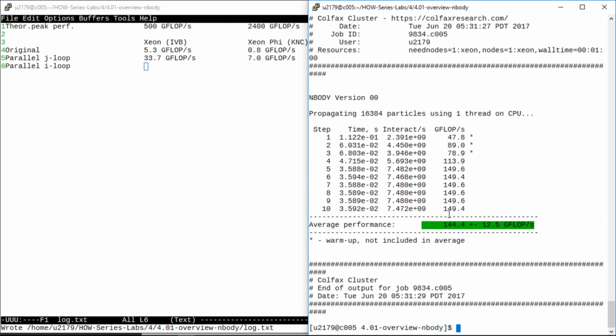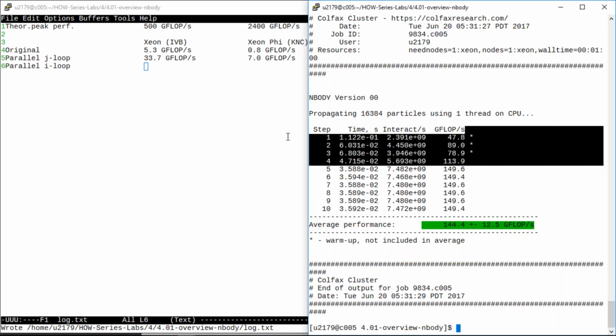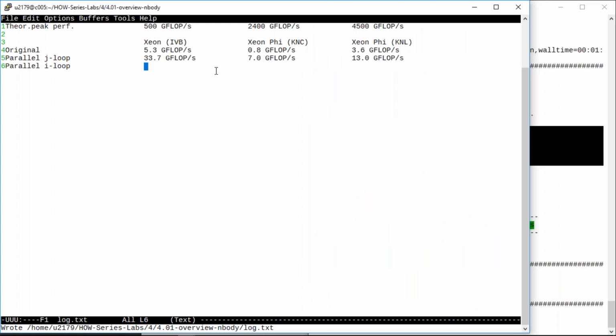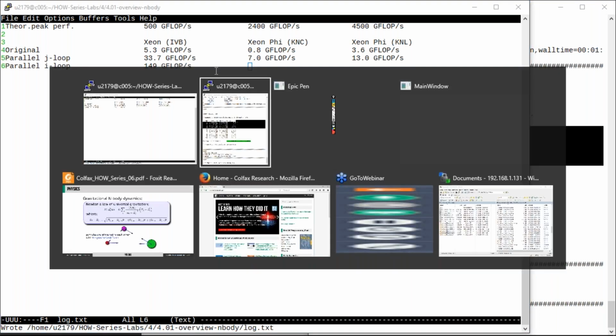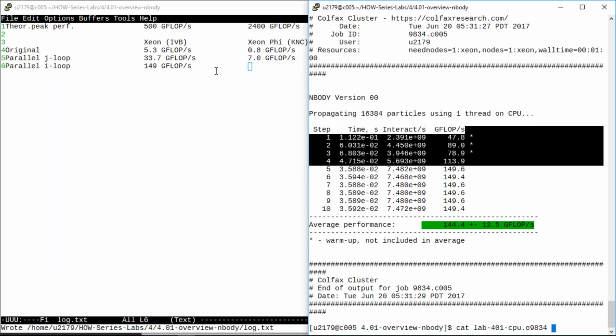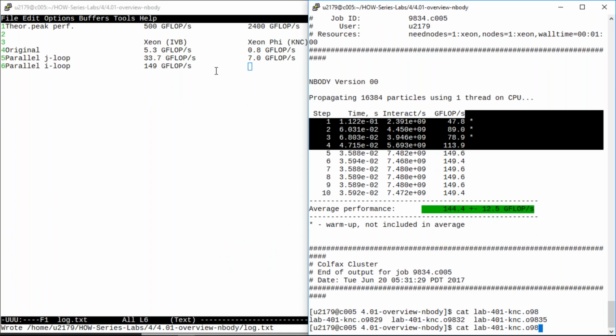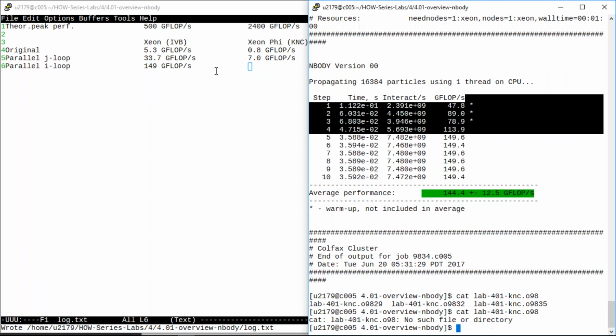Well, this is much better. We are getting on average 144, but you can see that the sustained performance is more like 149. This is some warm-up, and we are going to record 149 gigaflops per second, 3 significant figures. And then Knight's Corner gives us 35.